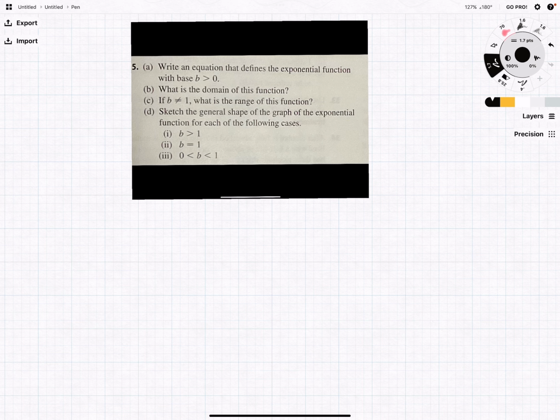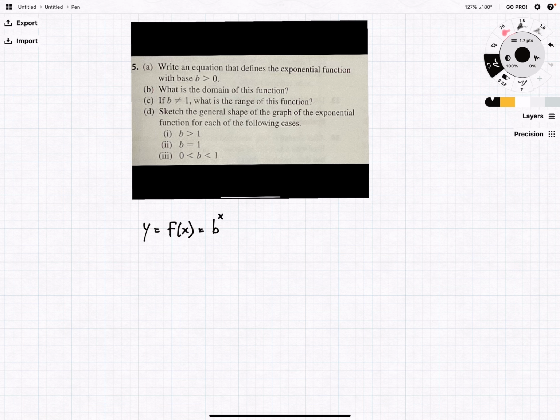This is Stewart Calculus, section 1.4, problem number 5. Problem number 5 has many parts to it. Part A says write an equation that defines the exponential function with base b greater than 0. So quickly, we'll write the exponential function as y equals f of x equals b to the x.